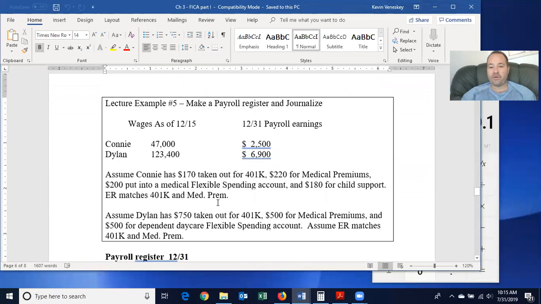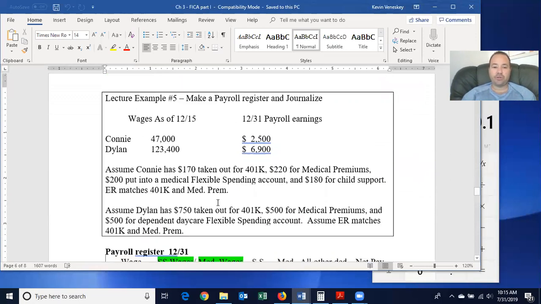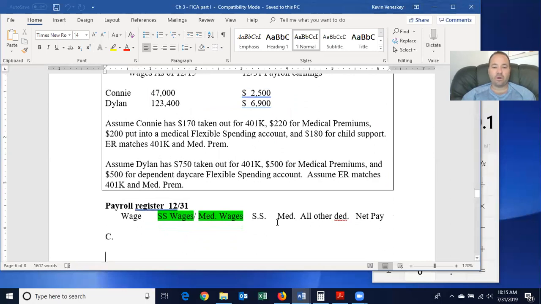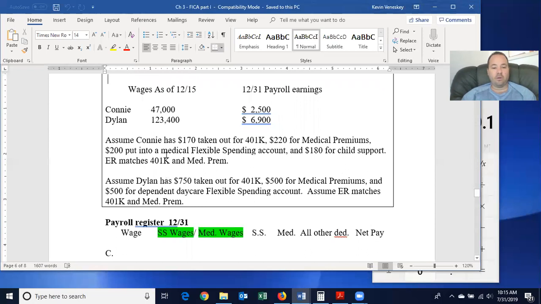So what I want you to do, and this would be a good time to use your payroll register, or you can use the one that I have down here. It's not as detailed as the payroll register you made, but this one will work for just our example. What we're going to do is show how much did this employee make, how much is taxable.